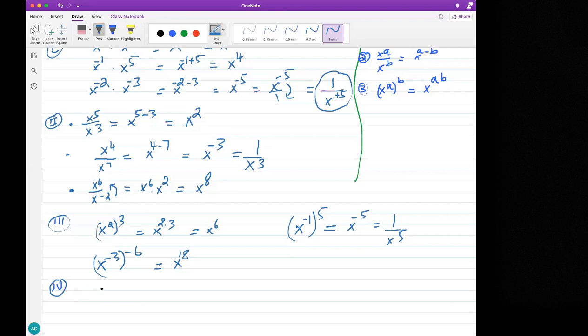It's possible to have something like this, x to the power a and y to the power a. So when I have two bases, the powers are the same, not the bases. So x and y, x times y to the power a, we can put these two together into one expression instead of two. xy to the a.